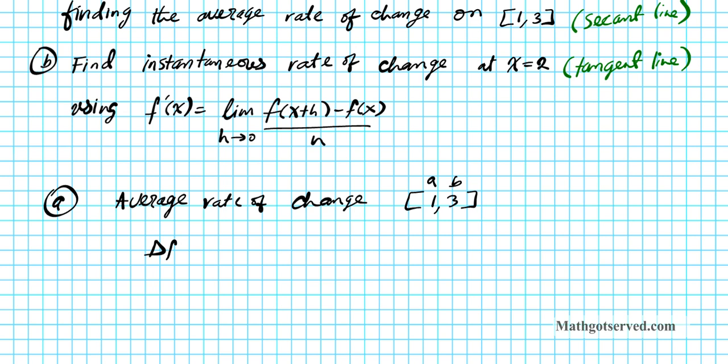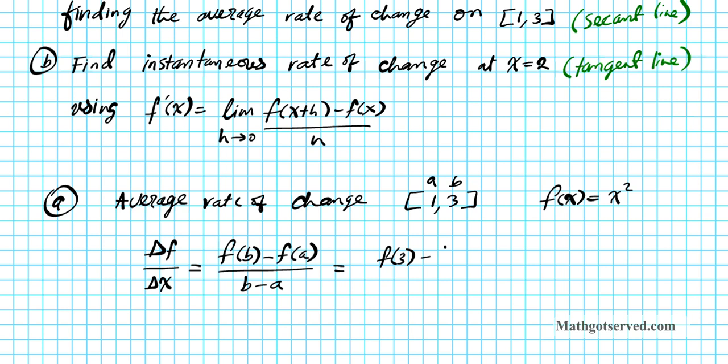So average rate of change is basically delta f over delta x. You can find that on an interval by computing f of b minus f of a, divided by b minus a. In this example, f of x is equal to x squared. So b is 3 and a is 1: f of 3 minus f of 1 over 3 minus 1.